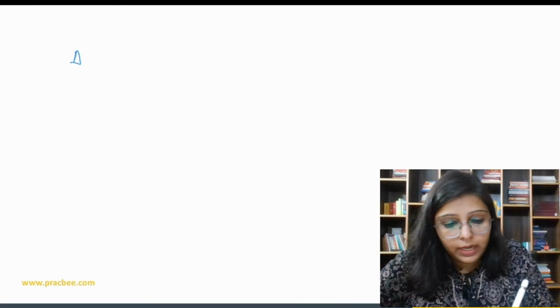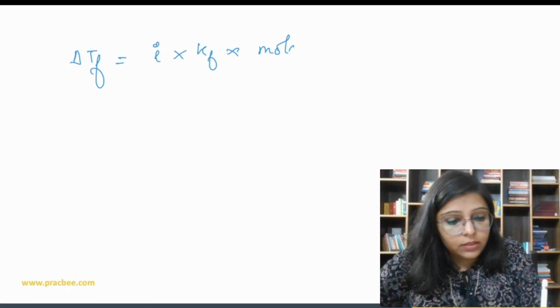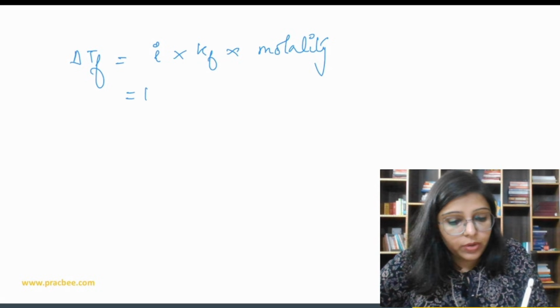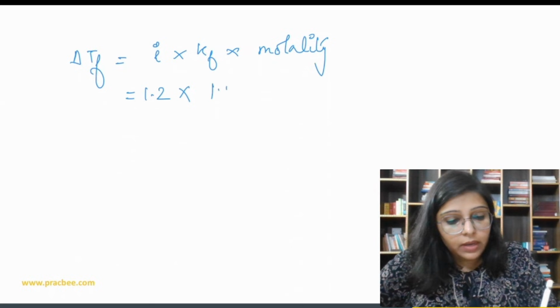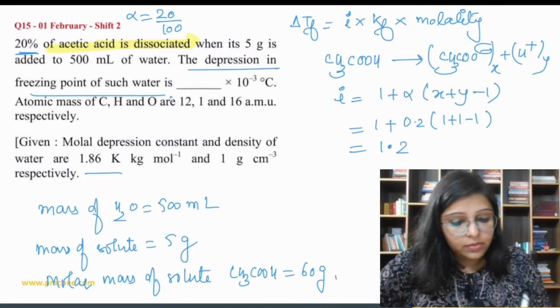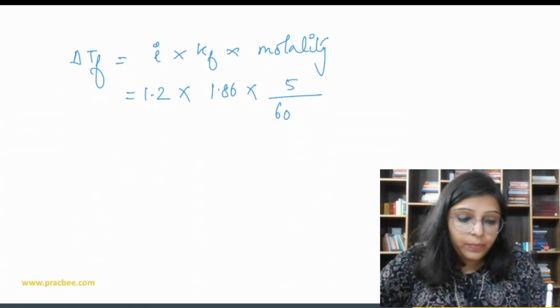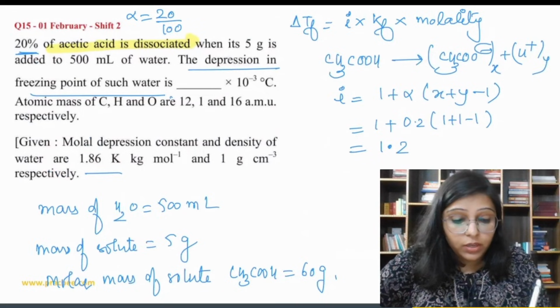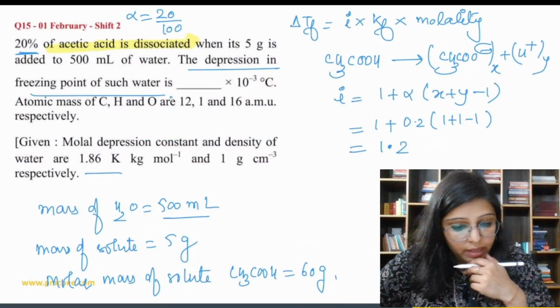Okay, so delta TF is equal to i into KF into molality. So i value is equal to 1.2, KF value is equal to 1.86, and molality is number of moles of solute, 5 upon 60, upon mass of water in kg.